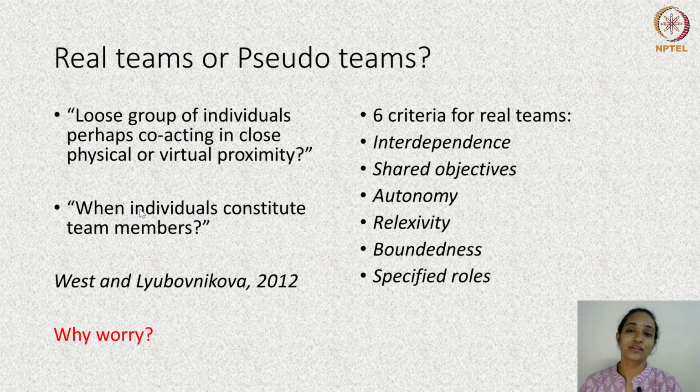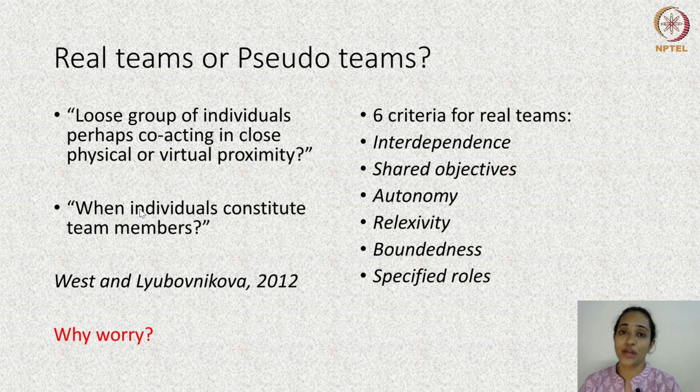So, researchers and practitioners have identified 6 criteria which help us achieve real teams. And those criteria are interdependence between the team members, that is, the team members rely on each other for their inputs. Team members have a shared objective towards which all of them direct their energies. They have autonomy, that is, each member in the team has a certain level of authority to take information, process that information, and act based on that information.